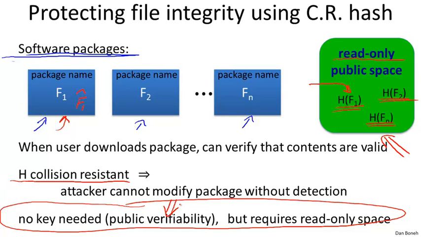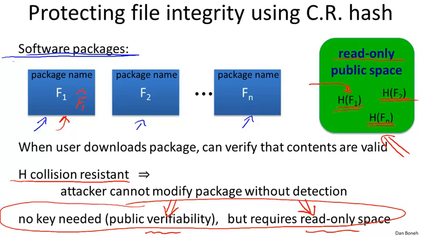Anyone can verify. You don't need a secret key for it. However, now all of a sudden we need this extra resource, which is some space that the attacker cannot modify. And in fact, later on, we're going to see that with digital signatures, we can get to the best of both worlds, where we have both public verifiability and we don't need a read-only space. But so far, with either MACs or collision resistance, we can have one, but not the other.